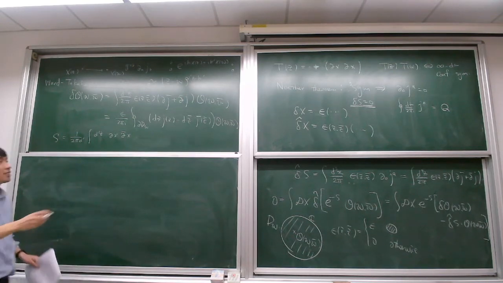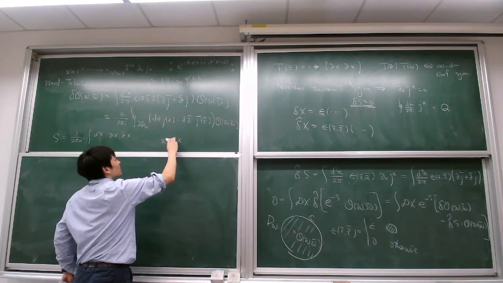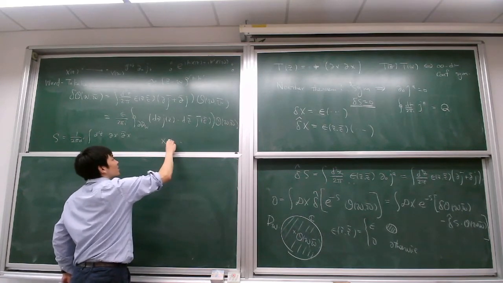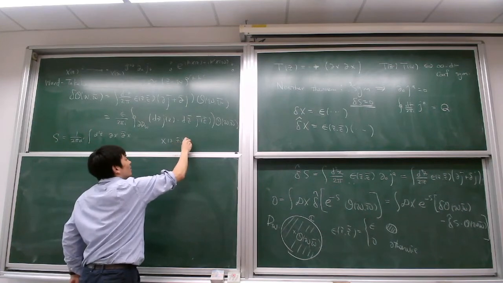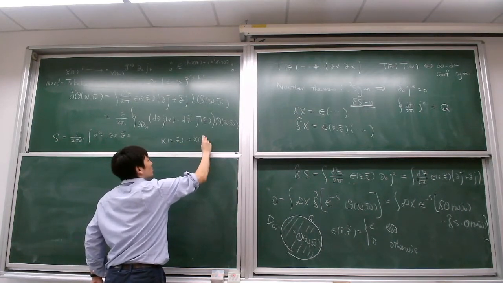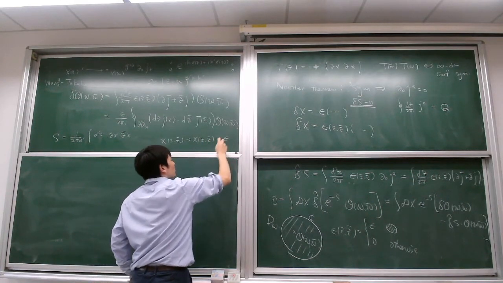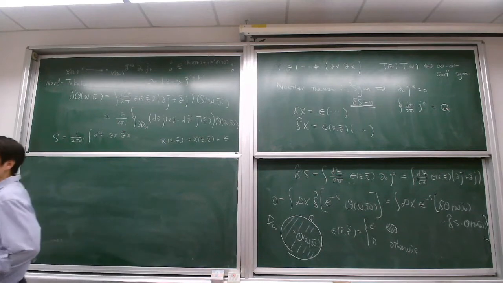And as you can easily see, there's a symmetry. X goes to X plus some constant shift, where X depends on coordinates z and z bar. This is a symmetry, as you can easily see.